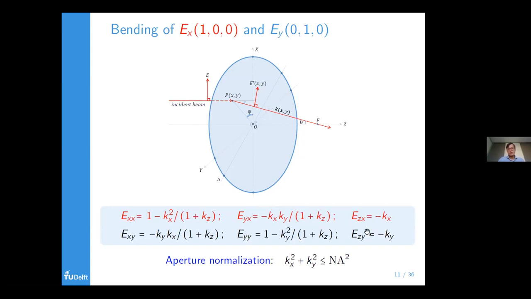Then we can obtain the explicit form for the polarization vectors after the lens for the two cases of polarization directions, like this formula. Here kx, ky, kz are the components of the unit direction vector after the lens, and kx, ky are the normalized coordinates of the aperture.